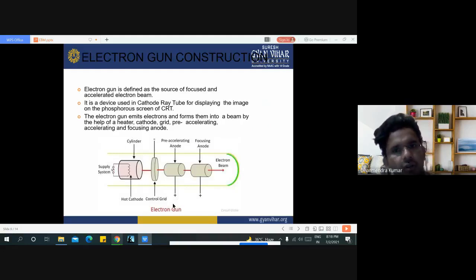Now the overall construction of the electron gun. We can see the supply system, which supplies electric power to the cylinder, and the hot cathode is kept in the cylinder.